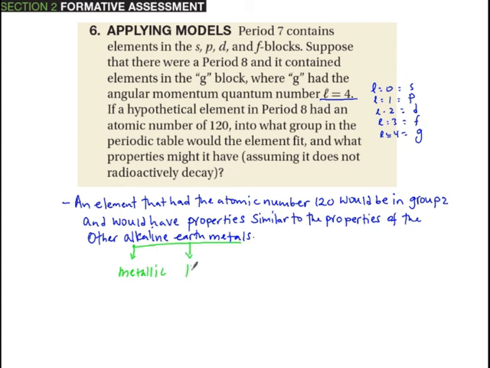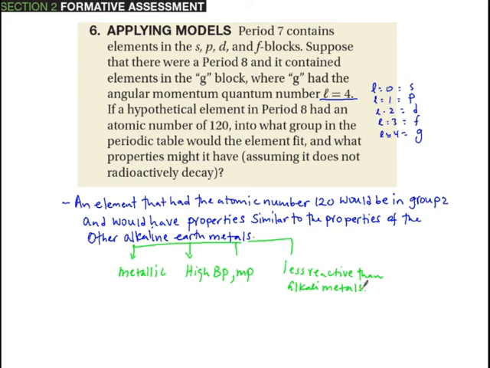High boiling point, high melting point, and they are less reactive than alkali metals.